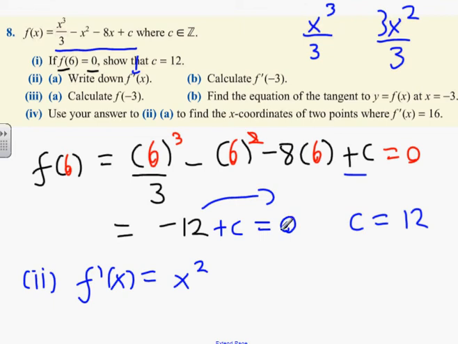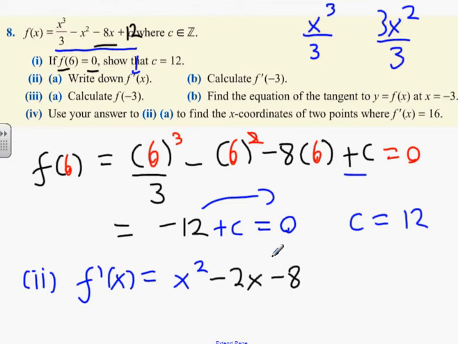What do we get? Just need to pay attention. Minus 2x. Okay. Differentiate minus 8x. Minus 8. Differentiate C, and we know C is now the number 12. 0. Okay, we're left with this equation.